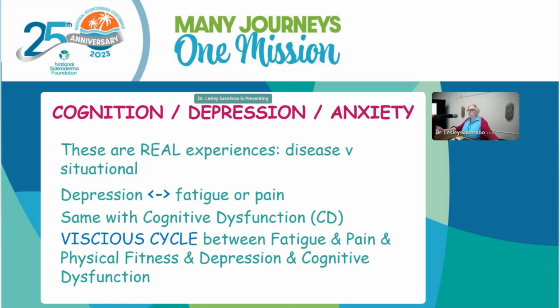Inflammation is linked to depression. Fatigue is linked to depression. So there are a number of reasons why somebody living with a chronic illness, especially a multi-organ system disease like scleroderma, would experience depression. And depression interacts with pain.